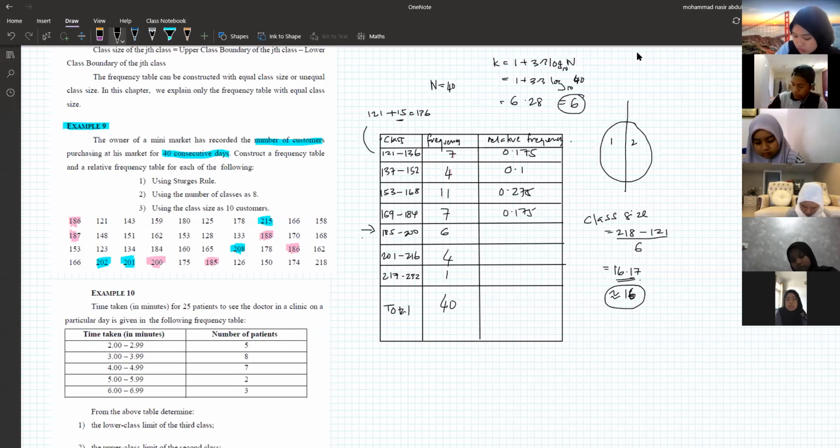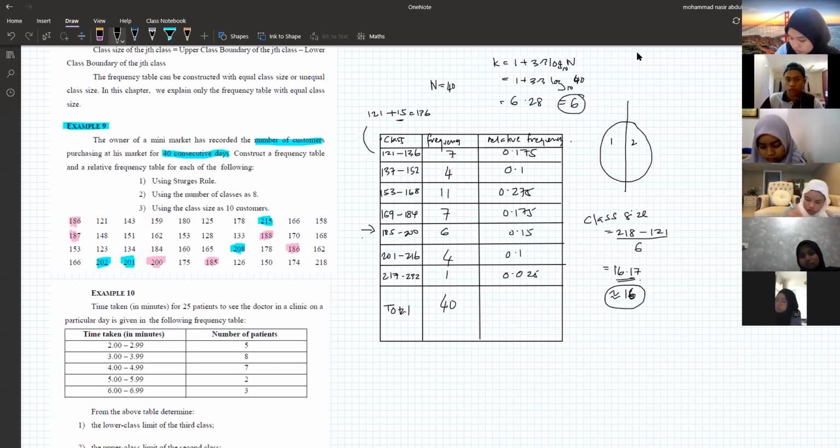6 divided by 40 is equal to 0.15. 4 divided by 40, 0.1. And the last one, 1 divided by 40, is equal to 0.025.